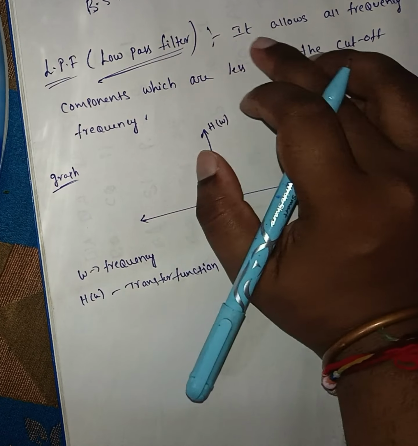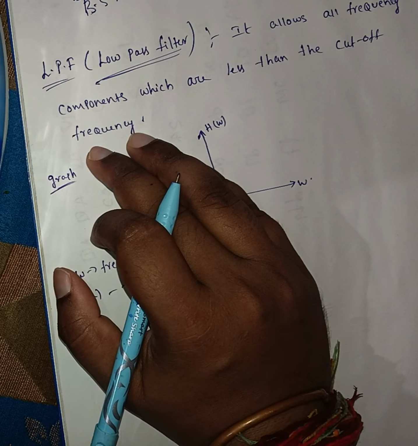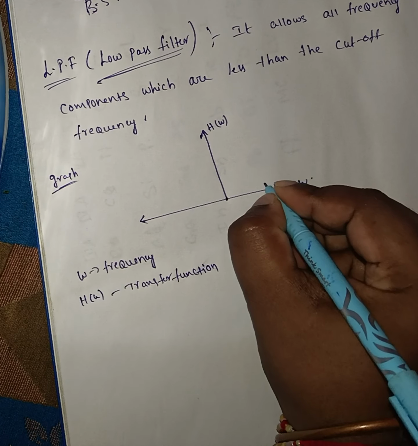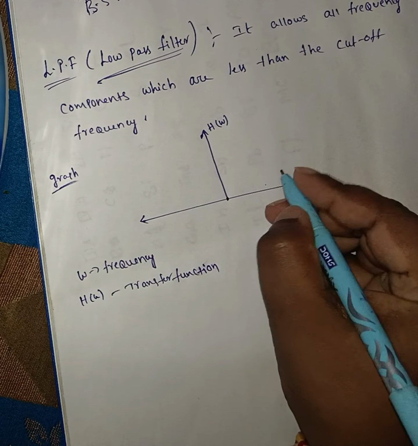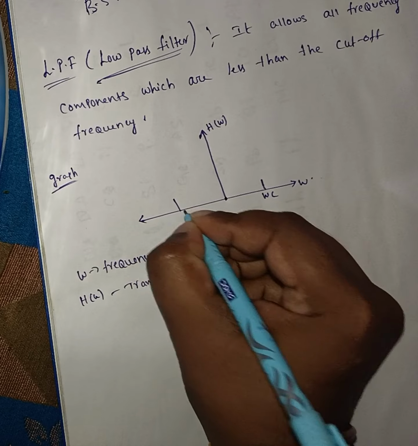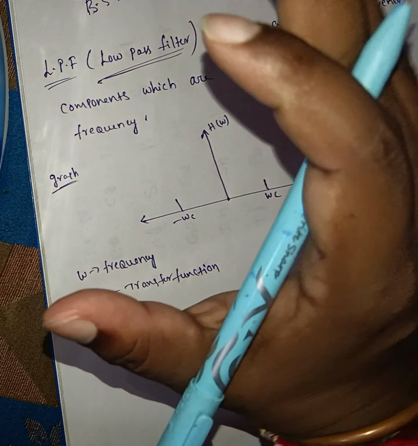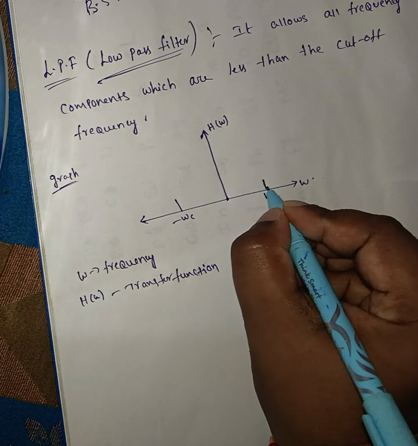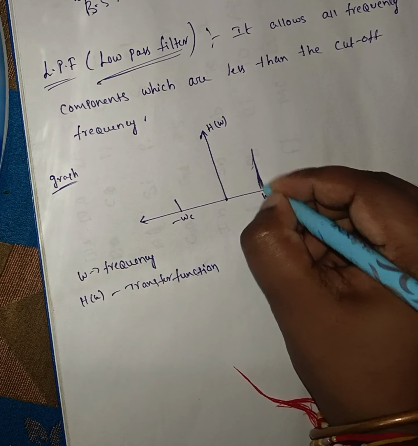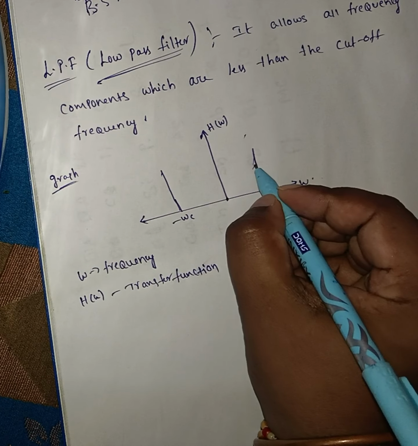So it allows all frequency components which are less than the cutoff frequency. For example, take omega c as the cutoff frequency for this low pass filter, so obviously I will have minus omega c here. All frequencies from minus omega c to omega c it will allow.